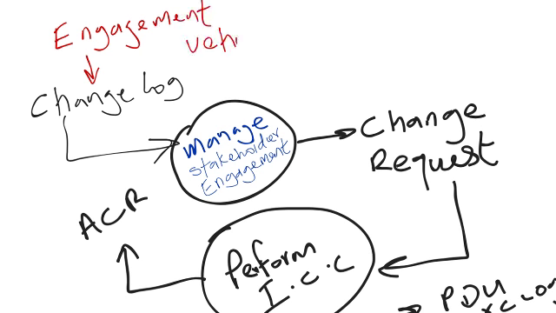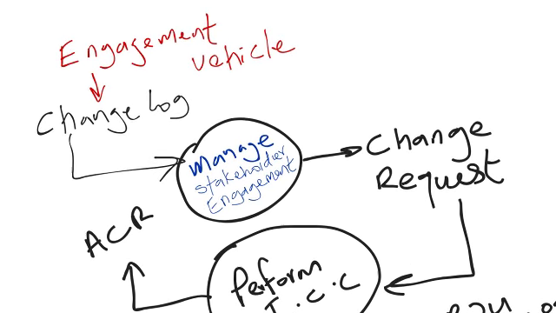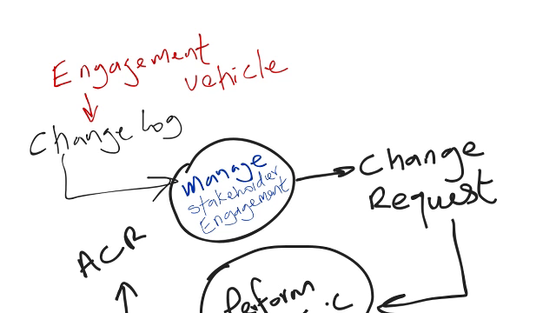This is an engagement vehicle for the project manager to get that stakeholder on board with the project. It's a way to engage them and let them know this is what has happened, this is what your change request finally ended up as.